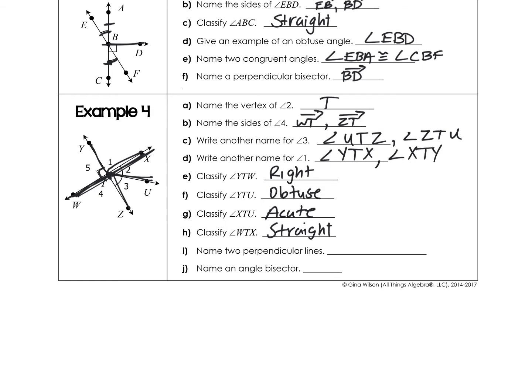And then name two perpendicular lines. So let me erase some of this mess here, and we can see our perpendicular lines. They intersect at a right angle. That's the definition of perpendicular. So that would be lines WX and YZ.